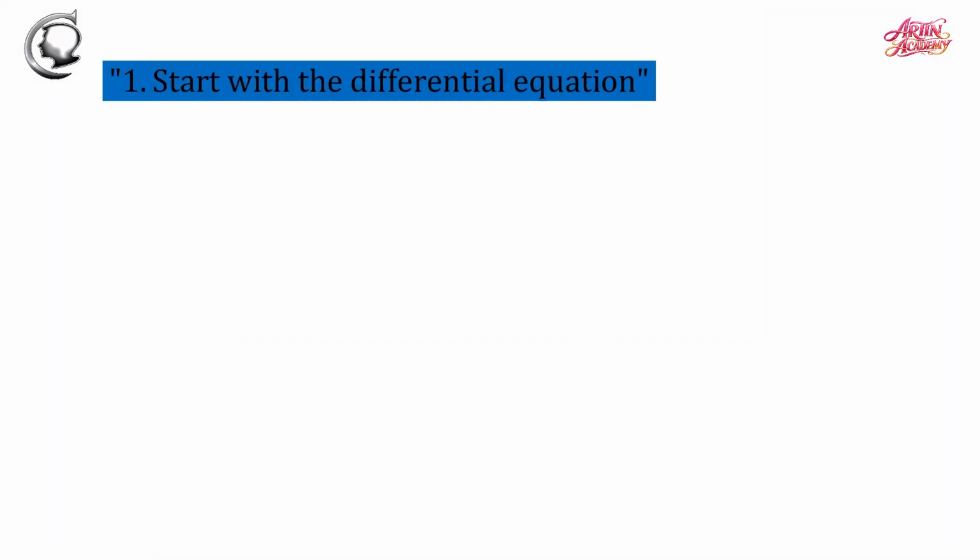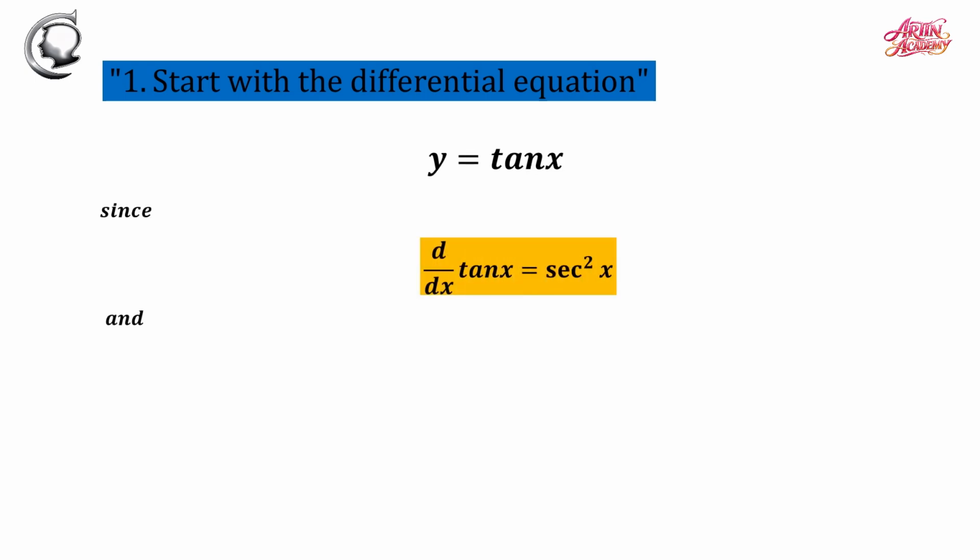Introduce the tangent function. Let us define y equals tangent of x. The derivative of tangent x is secant squared x. Therefore, y prime equals secant squared x. We also know the fundamental trigonometric identity: secant squared x equals 1 plus tangent squared x.